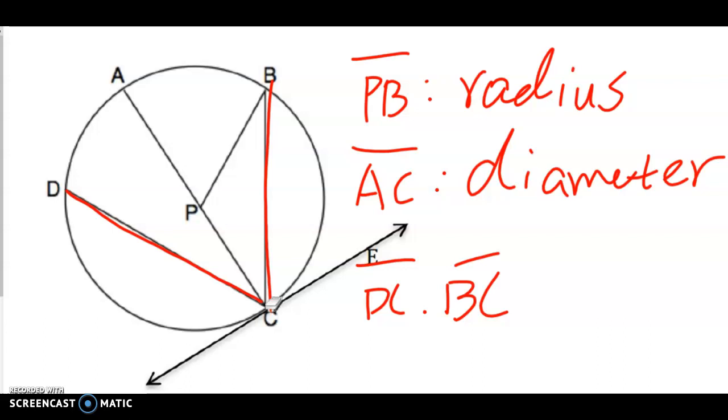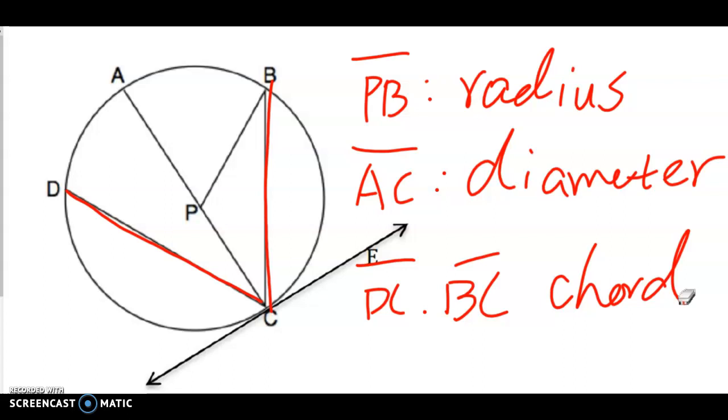So those two segments we call chord. Remember from the previous video, I introduced what a chord is: two endpoints on the circle, that's a chord. Of course, diameter is a chord as well. Diameter is a special chord.